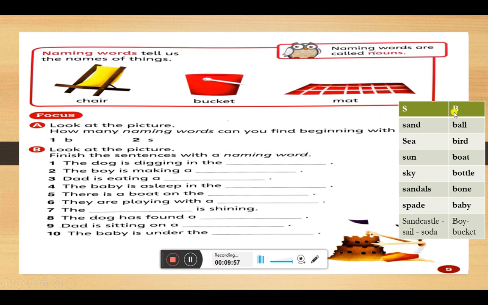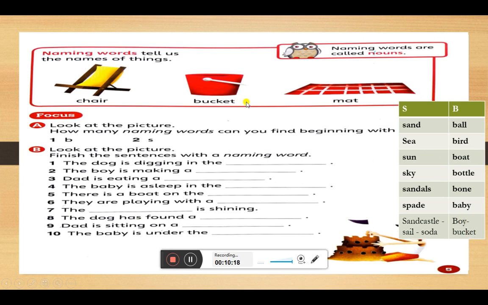As for the words that begin with letter B, we have ball, bird, boat, bottle, bone, baby, boy, and bucket.